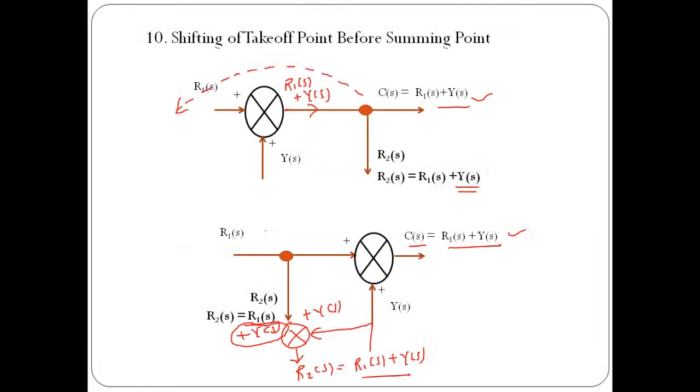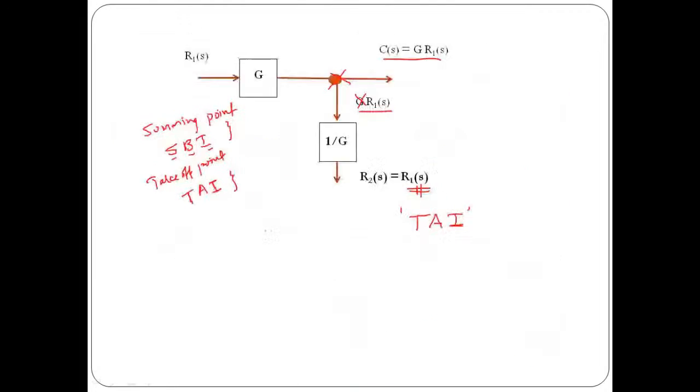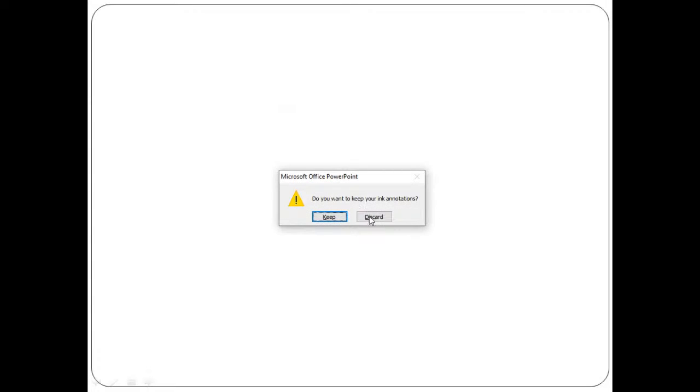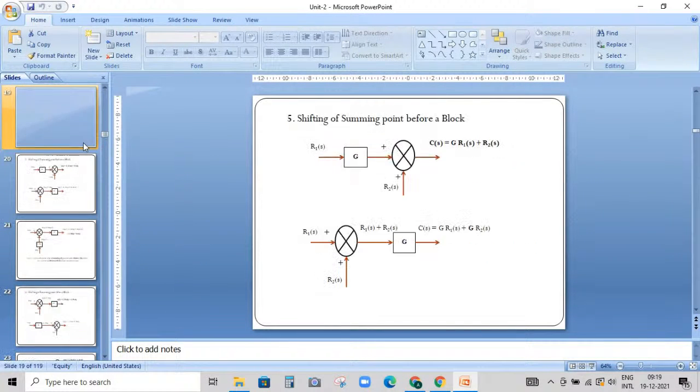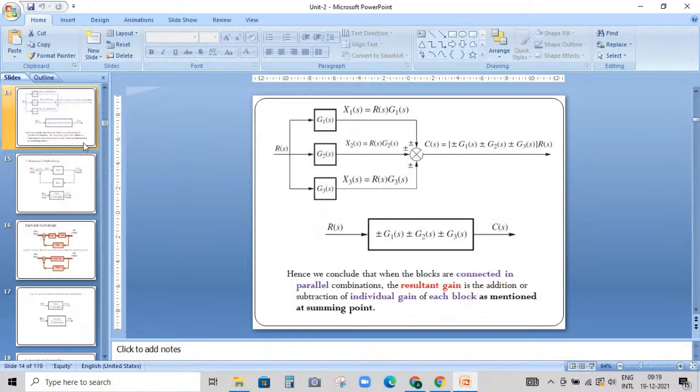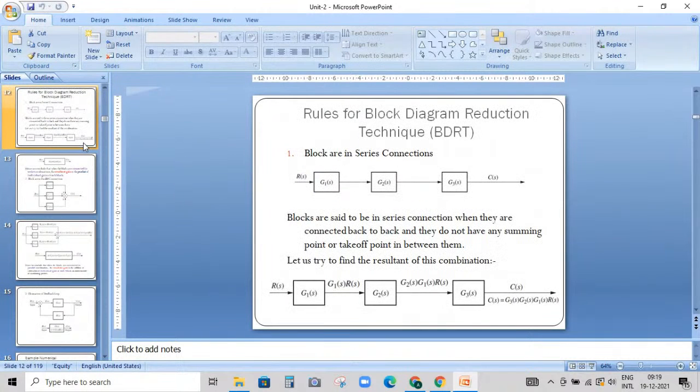So let us make a quick revision of what topics we have learned so far. So far we have discussed rule number 1, which deals with blocks connected in series.